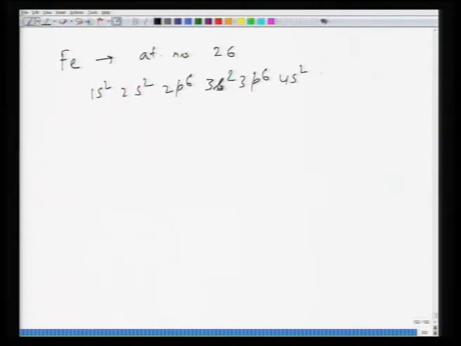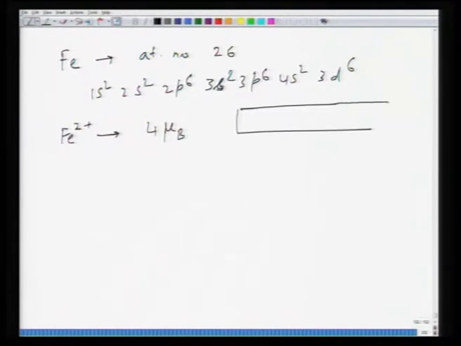Now, what is the configuration of Fe? Atomic number is 26. So it's 1s2, 2s2, 2p6, 3s2, 3p6, 4s2, and then 3d6. Depending upon whether you have Fe2 plus or Fe3 plus, Fe2 plus according to Hund's rule will have 4 mu B of magnetization, because for Fe2 plus the 4s electrons are taken off, so you rearrange d: 5 go to 5 empty subshells, and one goes here.